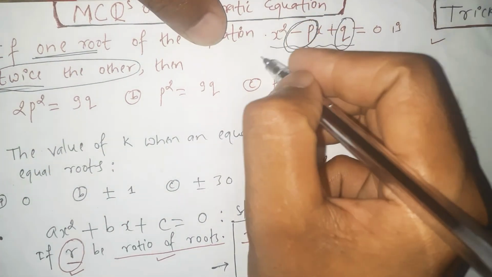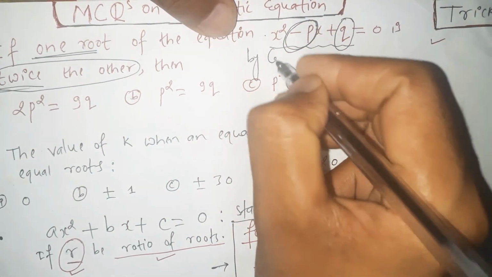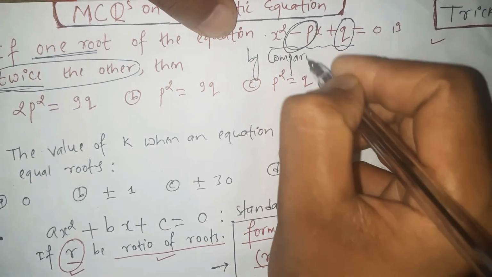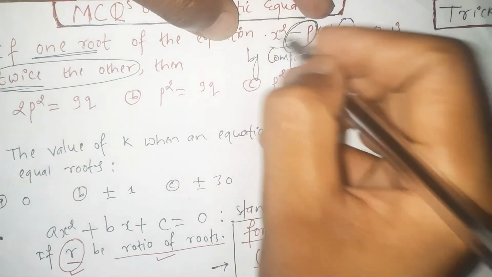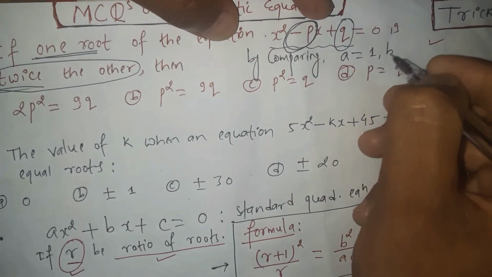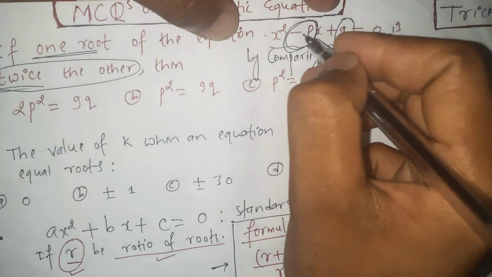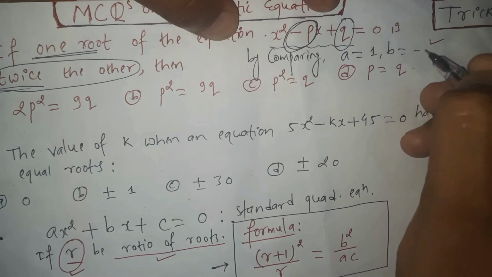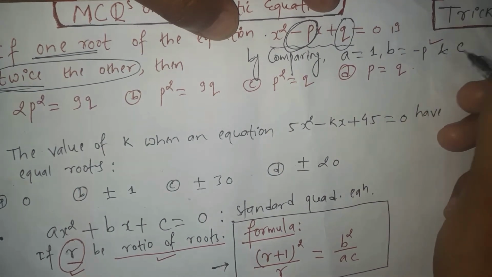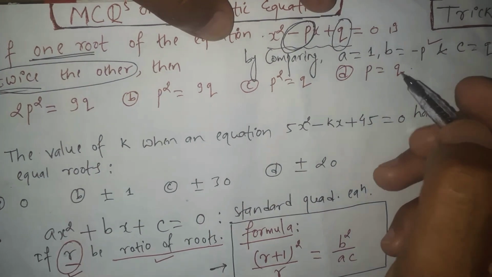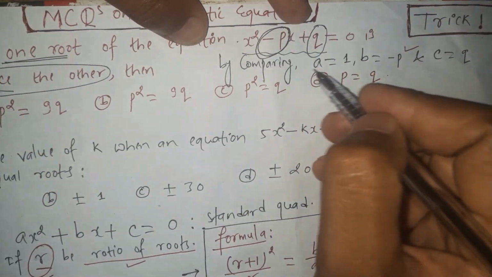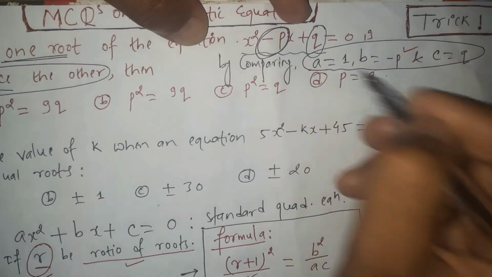The coefficient of x square is 1, the coefficient of x is negative p, and c is the constant term q. Let's plug in these values of a, b and c.